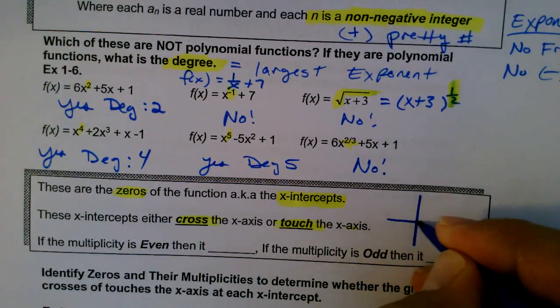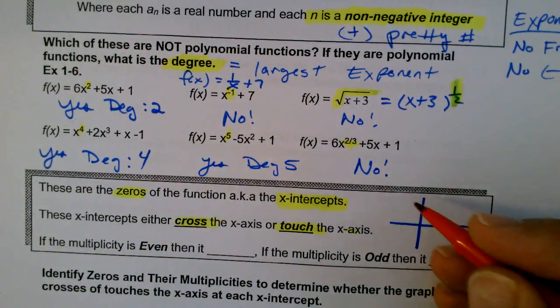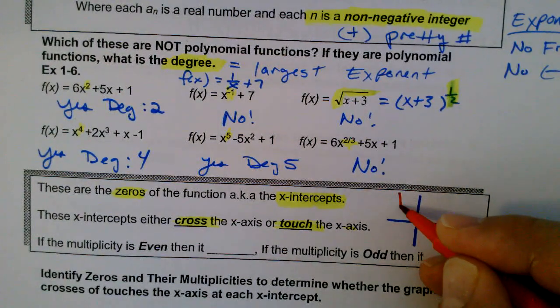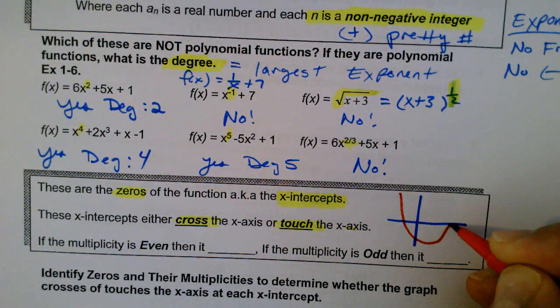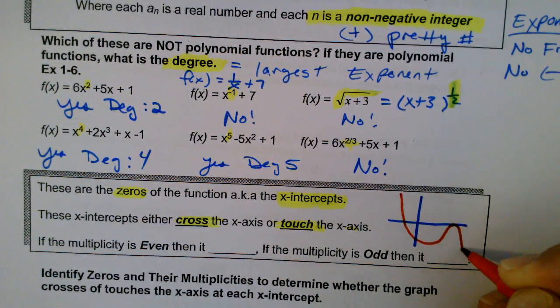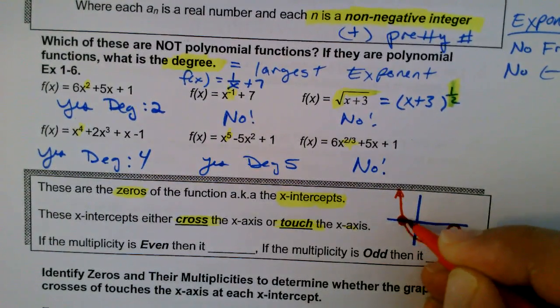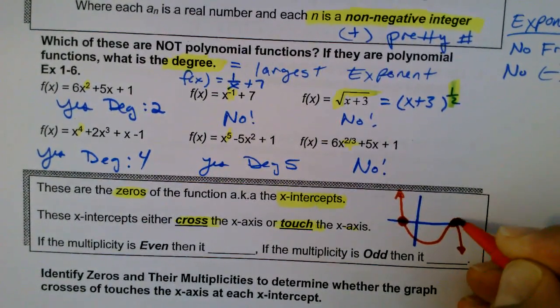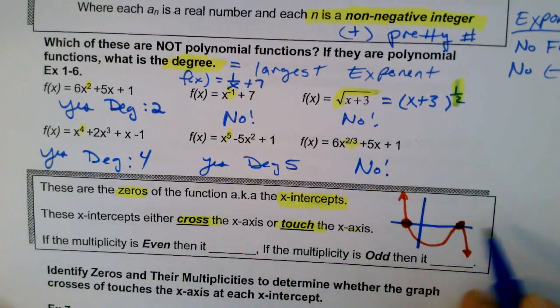All right, so here's my x and y axis, all right? And you might have one that starts up here and it goes down and then it comes back up. It touches the x-axis and goes down, okay? So there is 2 x-intercepts on my little fancy graph here, okay? So there's 2 zeros or 2 x-intercepts.